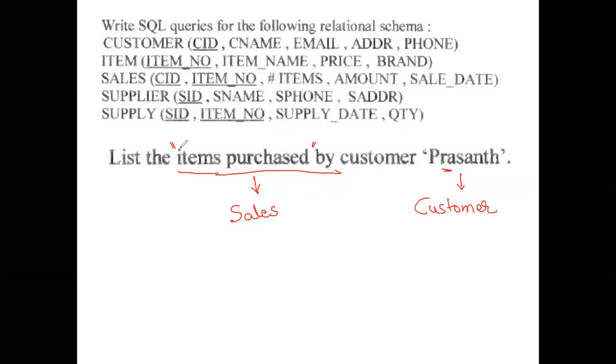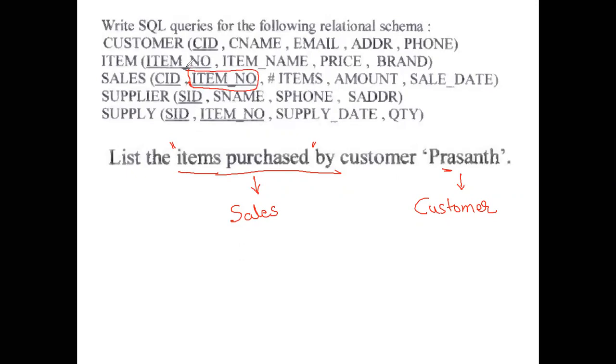So next we must link these two tables, right? But additionally what is being asked is to list the items. Whenever these kinds of things are asked, if we just link the sales and customer tables, we will just get the item number, because that is the only thing present in the sales table. But if we want the name, price, brand of the items, we won't get it here, because in the sales table we have only the item number.